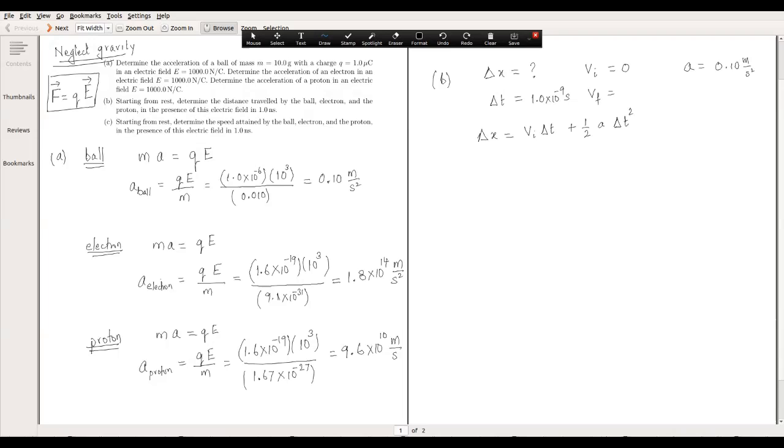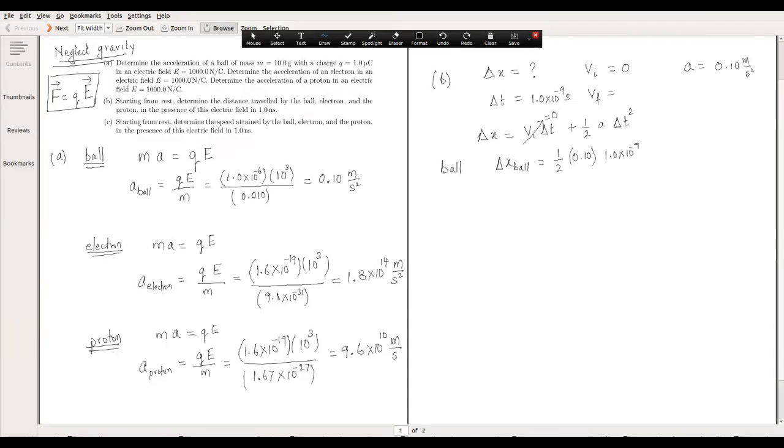V initial is 0 for all three, so for the ball, delta x is equal to half times the acceleration, 0.10 meters per second squared, times delta t squared, which is a really tiny number.